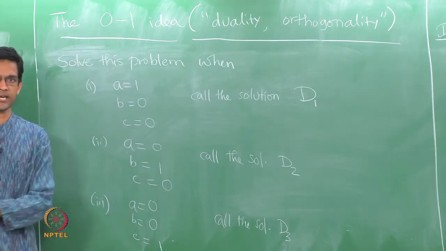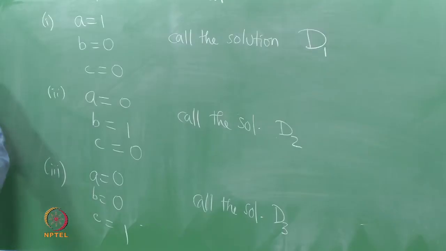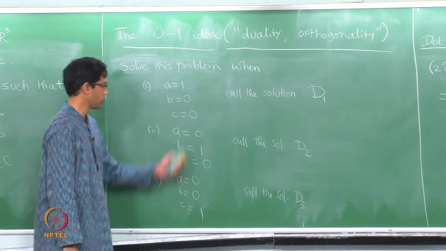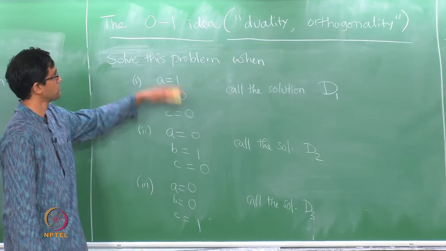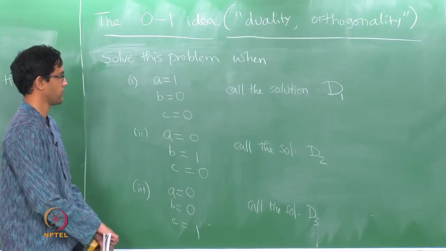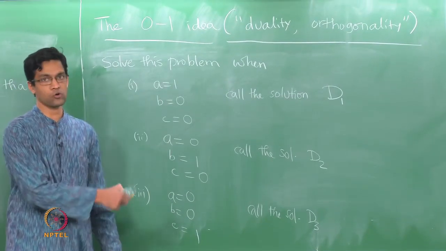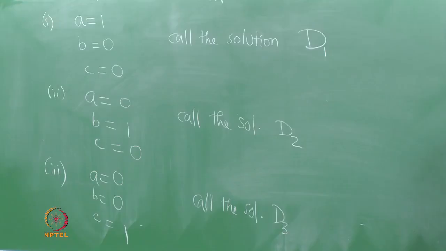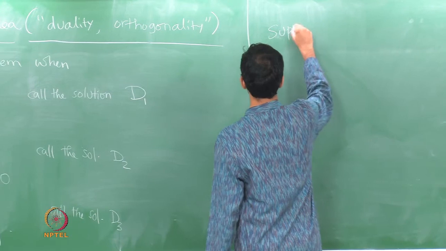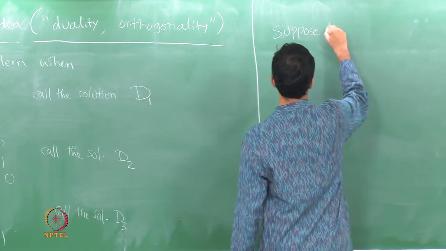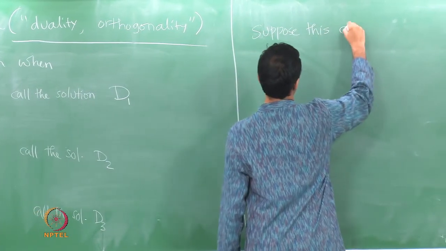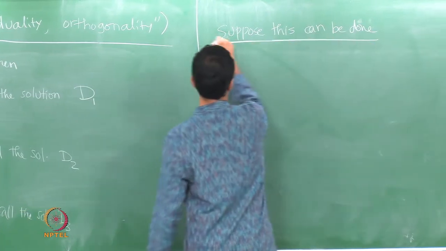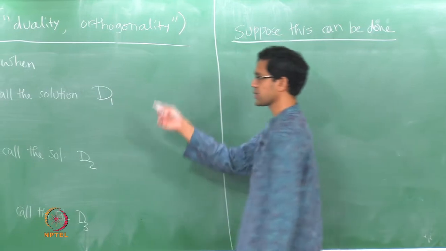So instead of solving the general problem, we solve 3 simpler problems. Okay. We find D1, D2 and D3 whose dot products are 0s and 1s, right. That is sort of what the 0 1 idea means. Now suppose we could do this, we still do not know how to do this, but assuming we could do this, then here is how we solve the general problem.